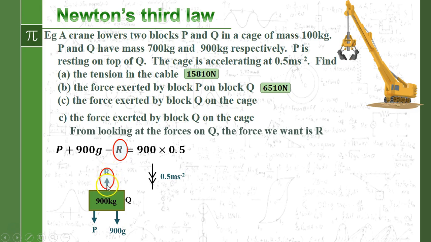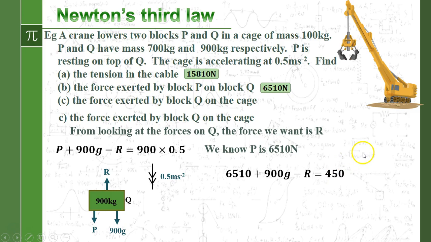This reaction force is the force that the cage is exerting on Q. So therefore, as a result of Newton's third law, that is exactly the same as the force that Q is exerting on the cage. So we need to figure out what R is, and bearing in mind we know our value of P, 6,510, all we've got to do now is plug that into the equation and do a bit of solving, and there you go, there's our reaction force.